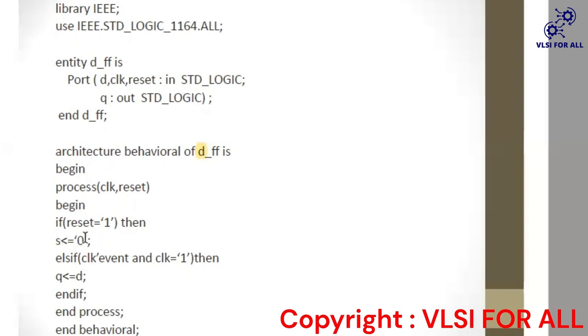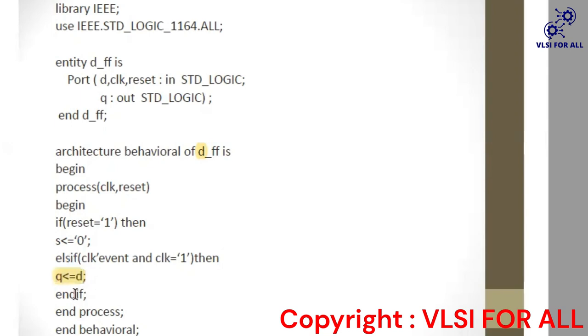So Q equal to 0 when reset equal to 1. Else if clock'event and clock equal to 1, which means when the positive edge of the clock occurs, then Q equal to D. This is the expression we know.